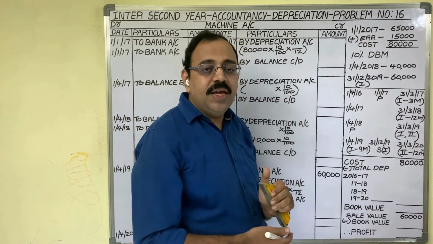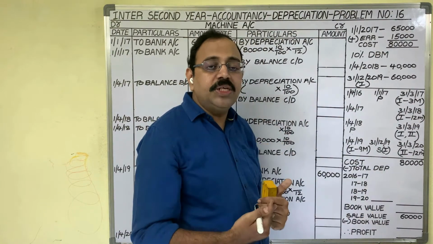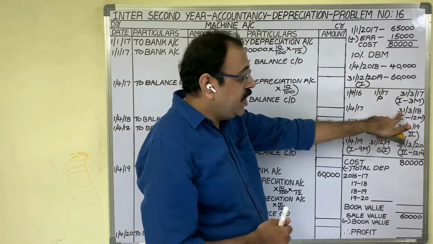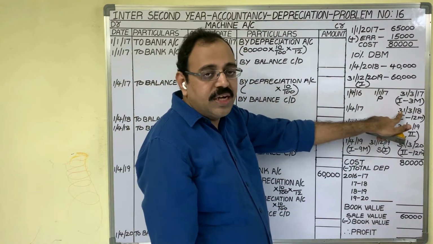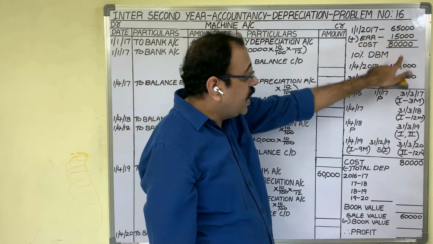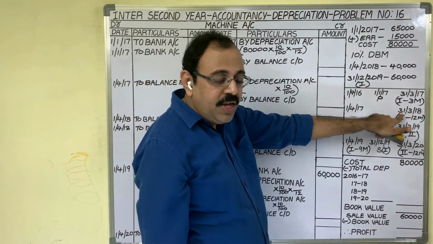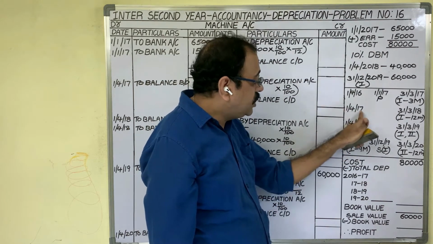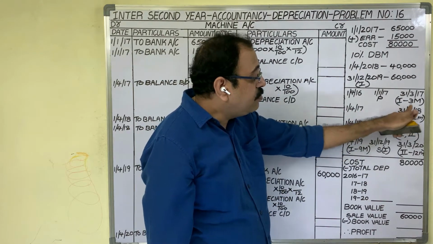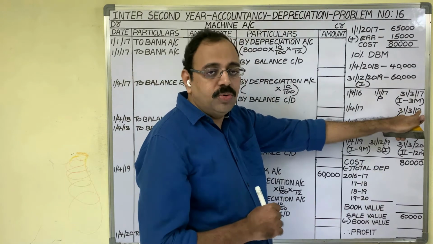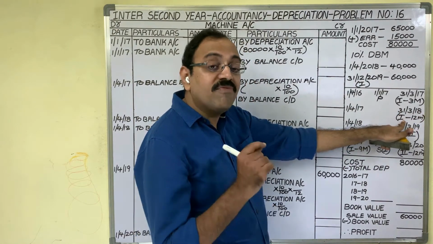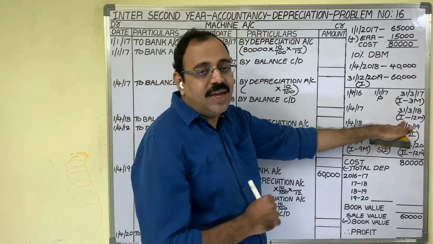In this second year, there is no additional purchase and no sale. So at the end of the second year, we have only one asset, this 80,000 rupee asset. We use this asset for the full year from 1st April 17 to 31st March 18. 12 months we used. So for 12 months we should provide depreciation on the first asset in the second year.